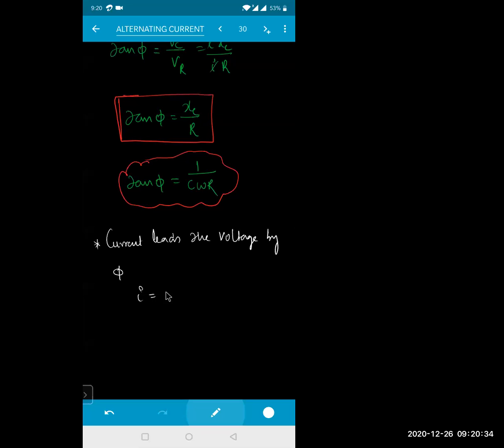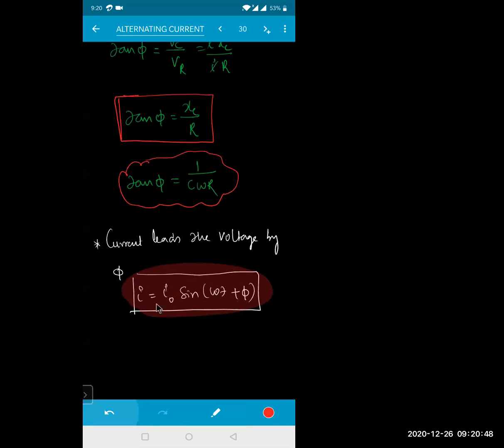That is, I is equal to I naught sine of omega t plus phi. This is your current. So it is ahead of this one, which means the current leads by phi.